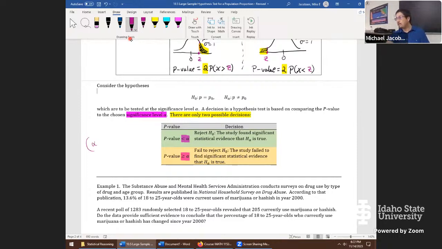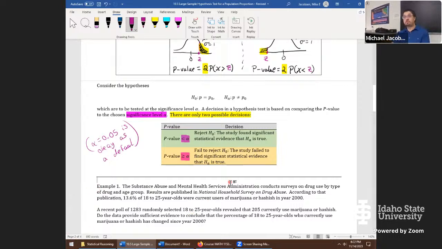And alpha equals 0.05 is okay as a default. It's a compromise between type 1, type 2 error. And if you just throw a 0.05 on, let's say, example number 1, that would be okay.